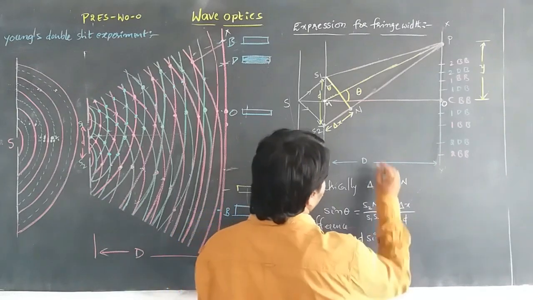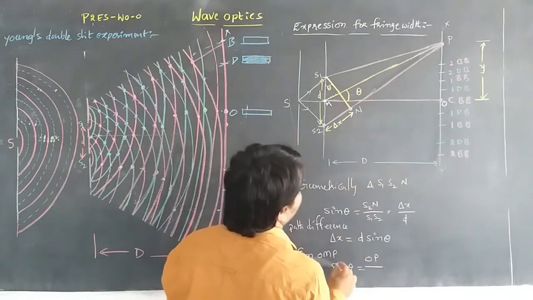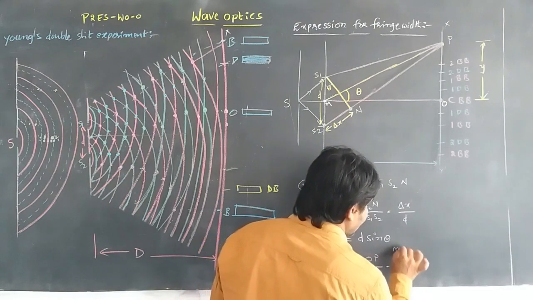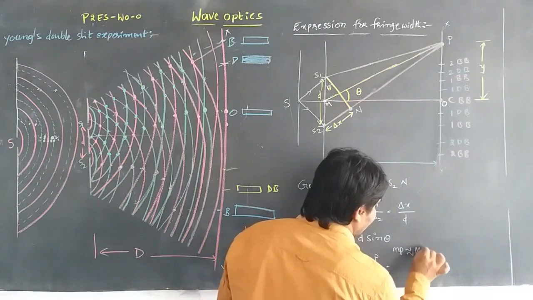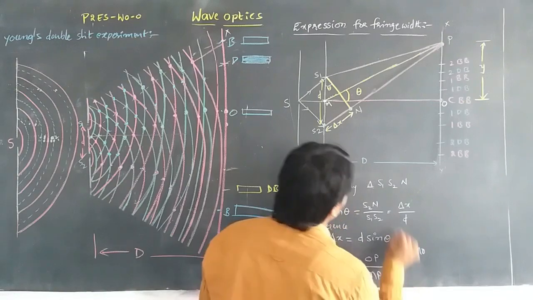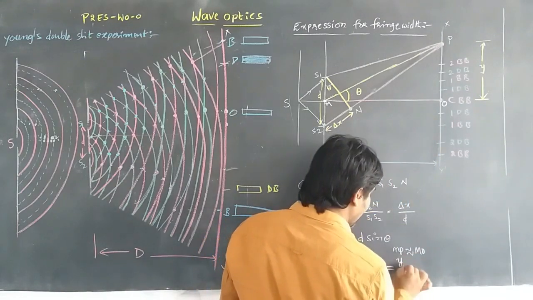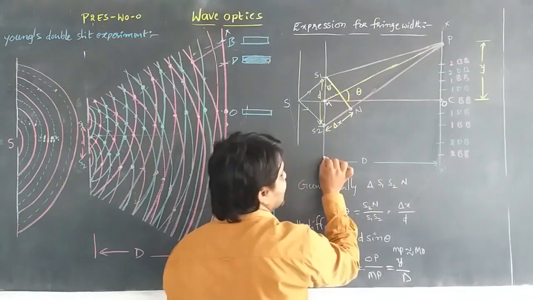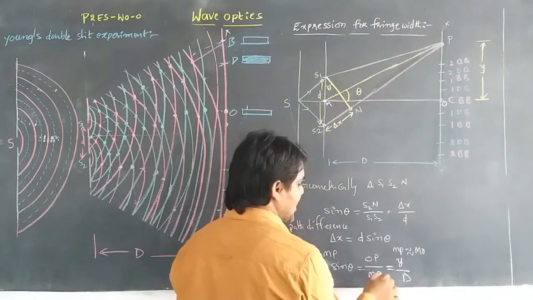That's why we consider MP equal to MO. So OP is equal to small y, by MP equal to capital D, because MO is also capital D, meaning the distance between the slits and the screen is capital D.